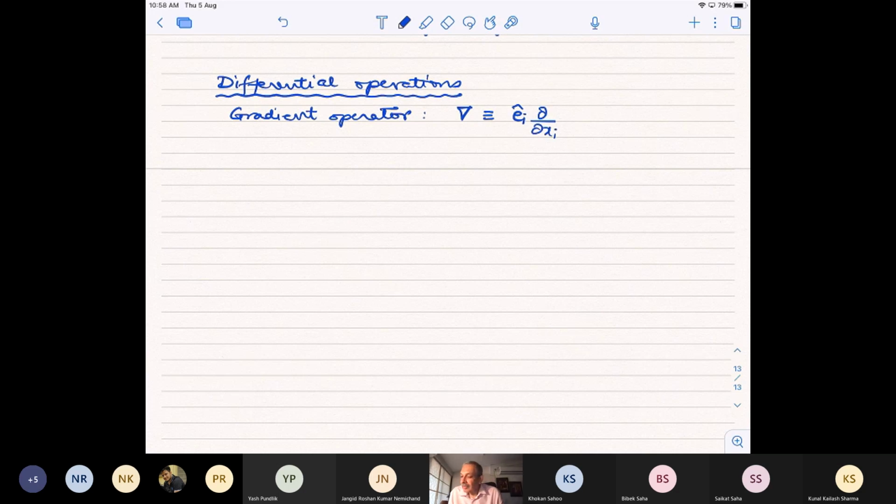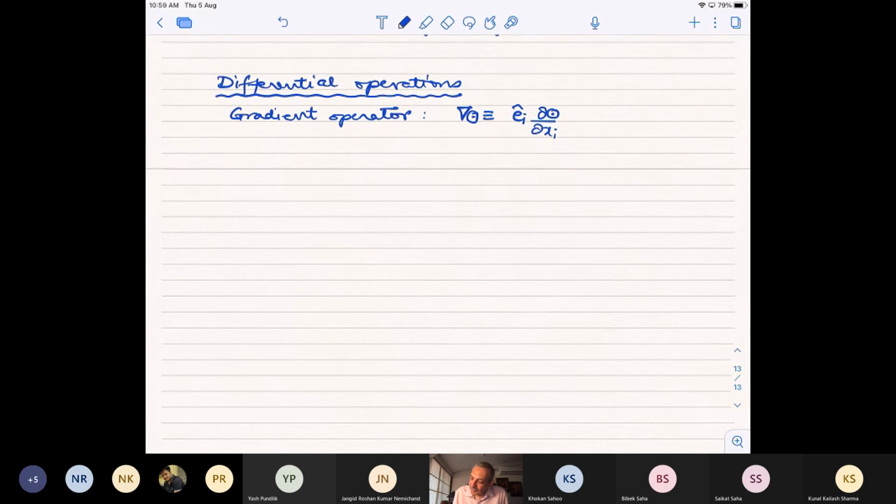This is nothing but e1 del by del x1 plus e2 del by del x2 plus e3 del by del x3. Of course, there is something missing over here. So some quantity will come here. So you have to take gradient of some quantity. Okay.